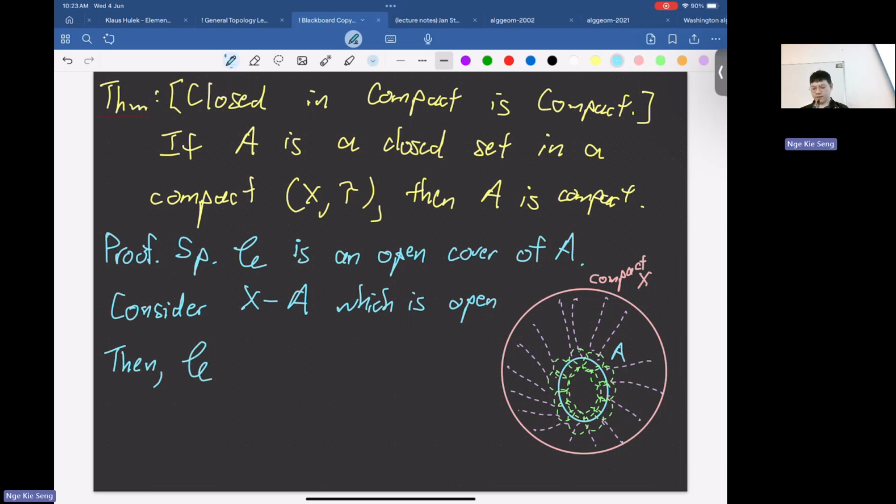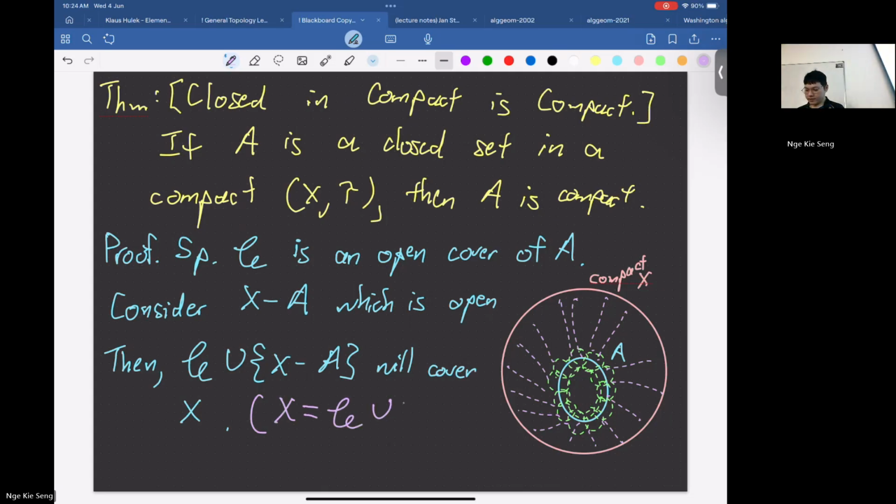Then C union X minus A will cover X. Make sense? If you like, you can write down this detail also. I drew it in the picture for now, but the detail is you need to check that X equals C union X minus A. So try and check yourself if you like.